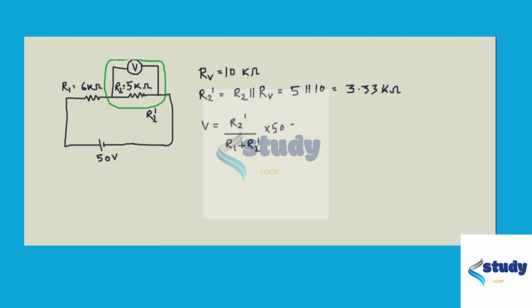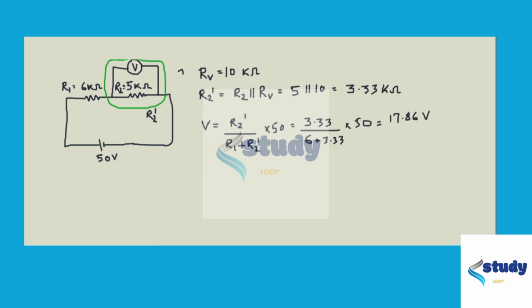Now what is R2 prime? 3.33. What is R1? 6. What is R2 prime? Again 3.33. So into 50, which gives me 17.86 volts. Alright, so this is what the voltmeter measures.